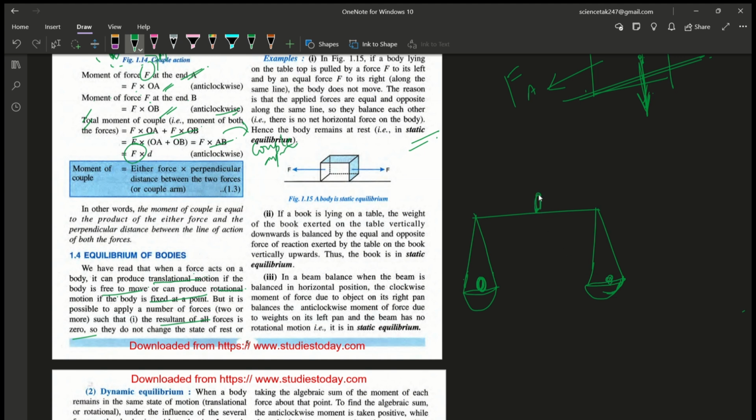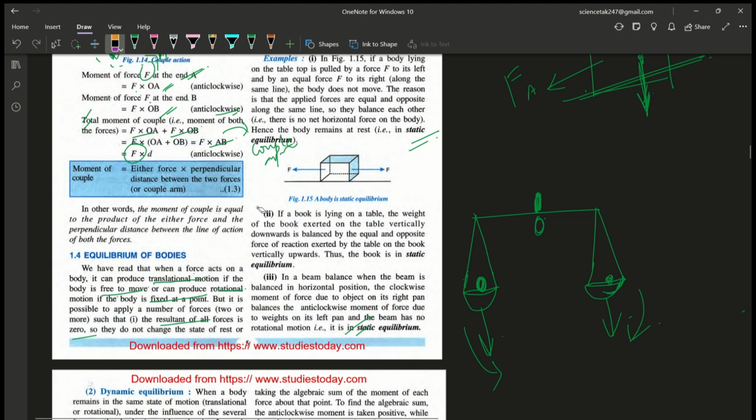right? What we're going to see is that it is going to show static equilibrium, because of the force experienced in this direction and in this direction. This is going to cause clockwise movement and this is going to cause anti-clockwise movement about the point O. So sorry students about the anti-clockwise confusion, right?